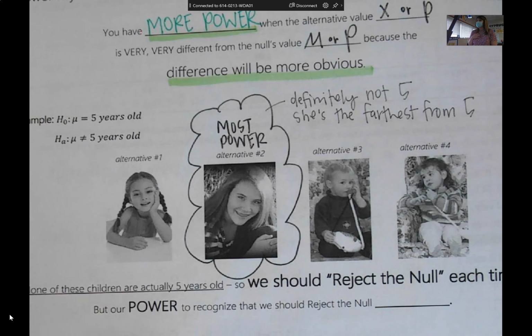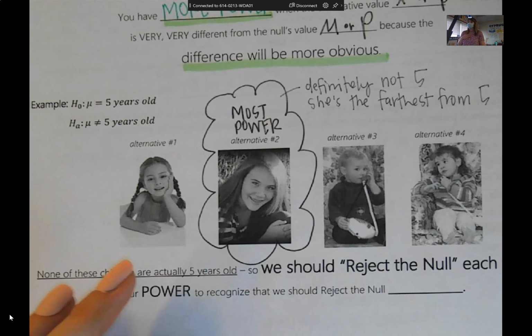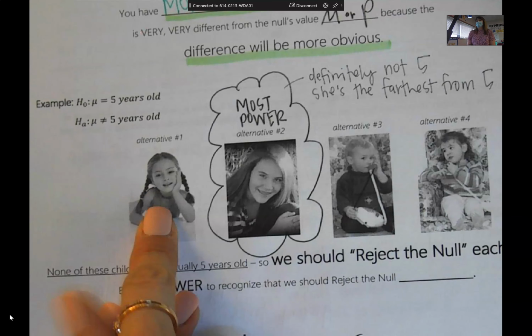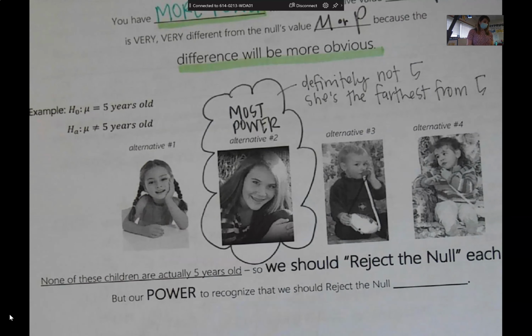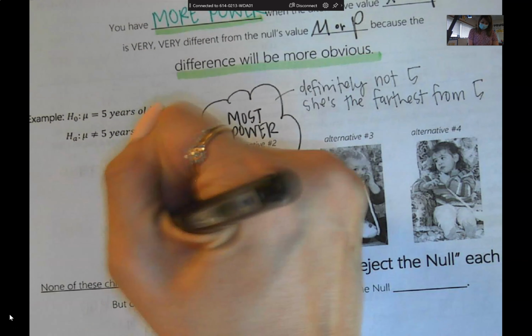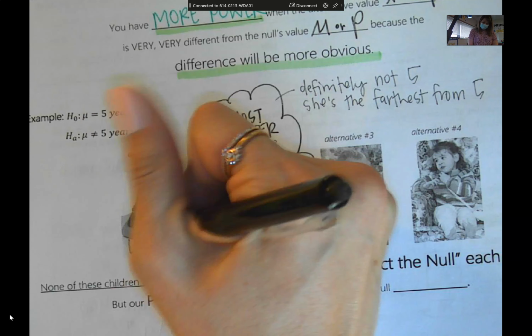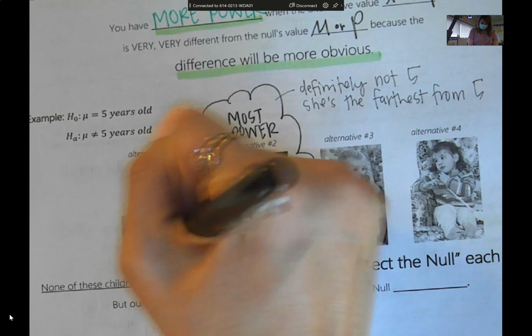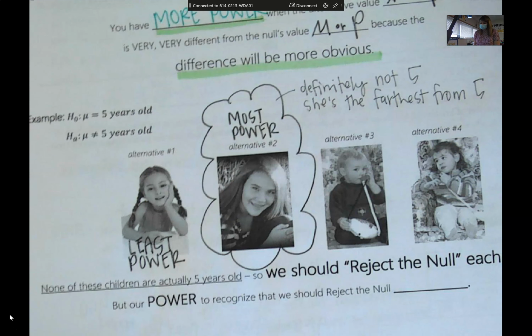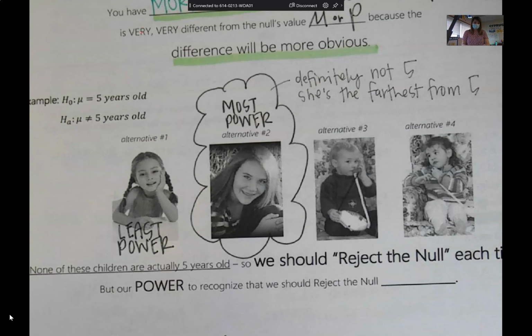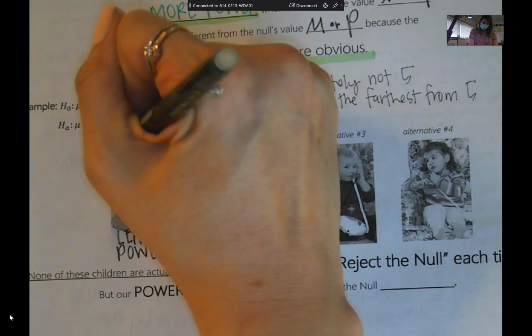The one that I personally think has the least power is 1. This kid actually looks 5 to me.